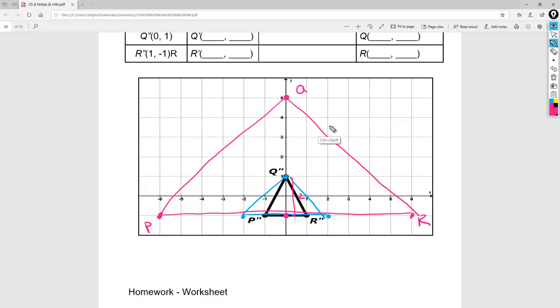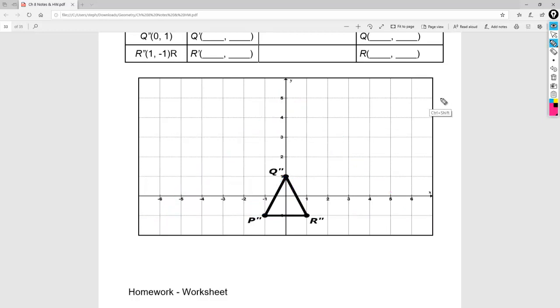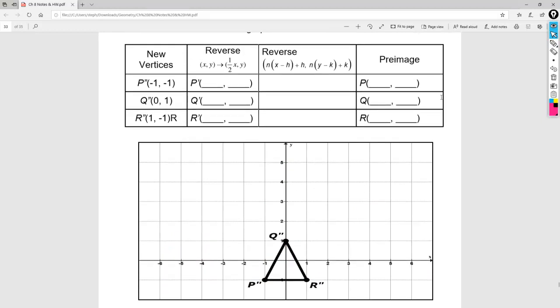Alright, so we can go ahead and jot down the coordinates of my pre-image. So P is at -6, -1. Q was at 5, 0, and then R is at 6, -1.